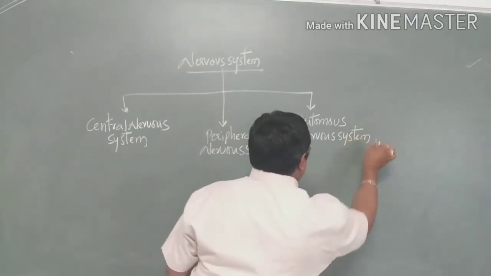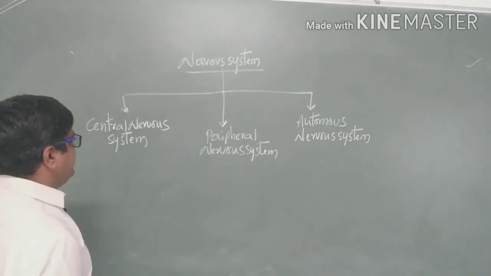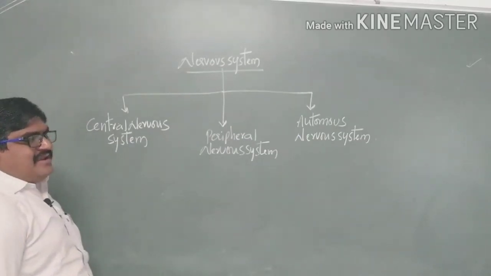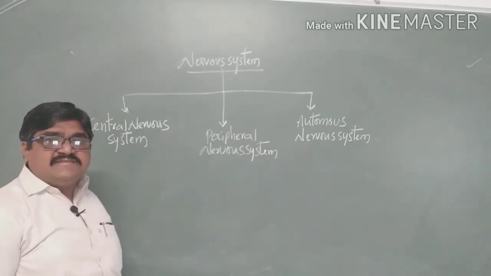So it is classified into three types: the central nervous system, the peripheral nervous system, and the autonomous nervous system.